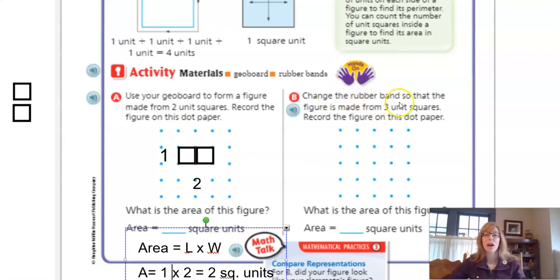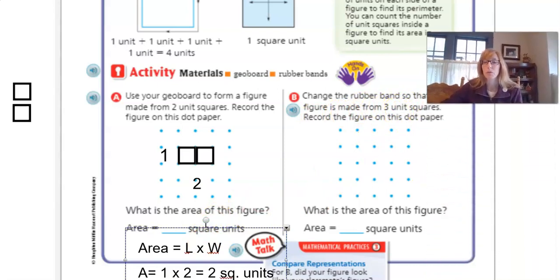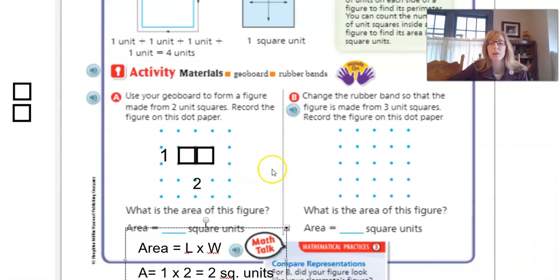Now we're going to change our rubber bands so that the figure is made up of 3 square units. So let me move out of the way. It says change the rubber bands so that the figure is made of 3 square units. So now we're going to bring our square over. Oops, I need my infinite cloner again. Let me grab him.